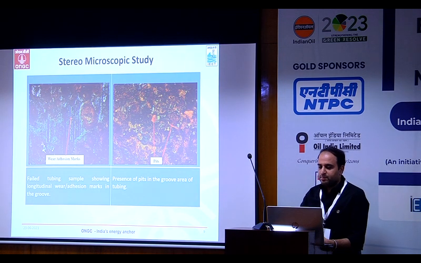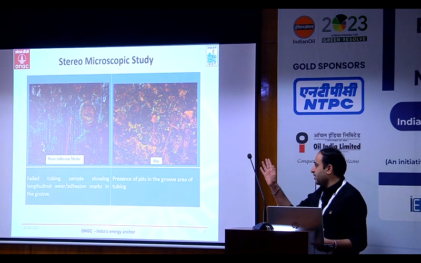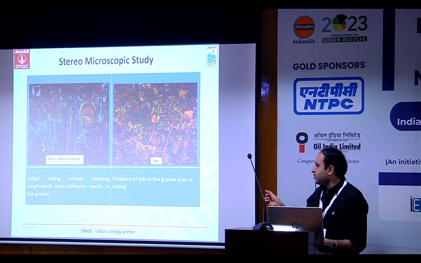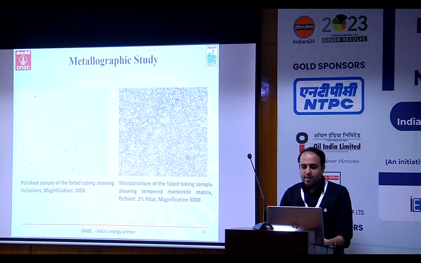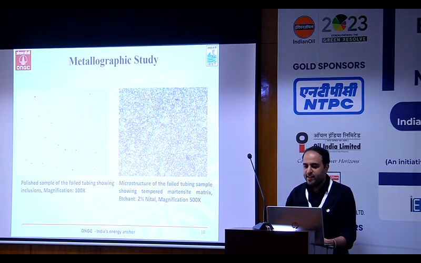The failed area was observed on the stereo microscope at around 80x magnification, and we found wear marks and corrosion pits. In the metallographic studies, the microstructure was found to be tempered martensite, which is typical of NATQ material, which is quenched material.